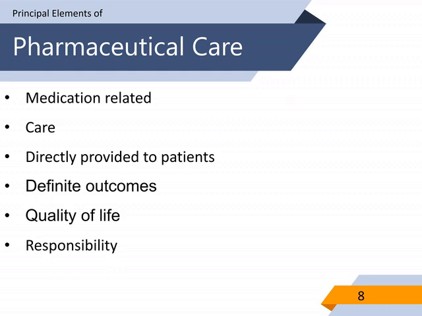The pharmacist cooperates directly with other professionals and the patient in designing, implementing, and monitoring a therapeutic plan intended to produce definite therapeutic outcomes that improve the patient's quality of life. Some tools exist now for assessing a patient's quality of life.